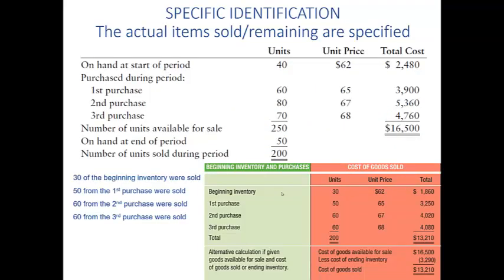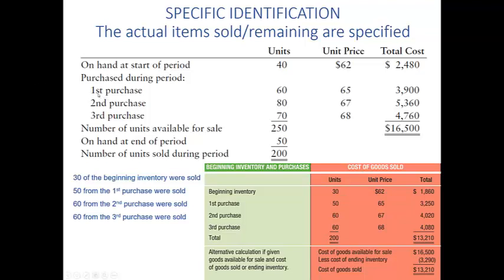Now let's look at this specific identification example. We have inventory on hand. Remember, every company, unless it's just brand new, started the year with inventory on hand. So this company had 40 units at $62 each. That was their last year's ending inventory, so that carried over to this year as the beginning inventory.